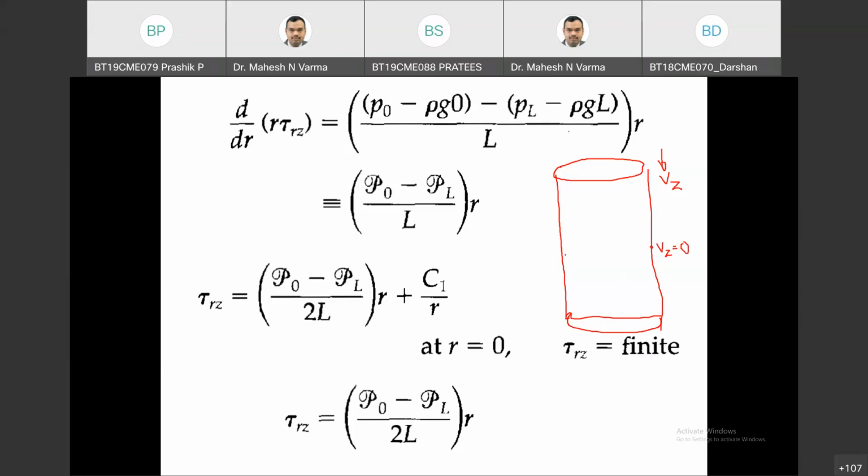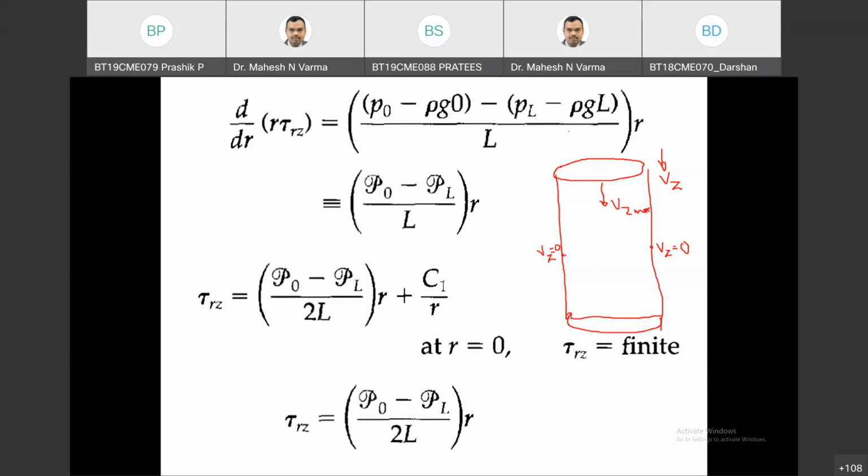And what is the value here? Here also 0. No slip condition, Vz equals to 0. And where are you expecting maximum velocity, Darshan? At the middle point, at r equal to 0. At the axis, I will have Vz max.